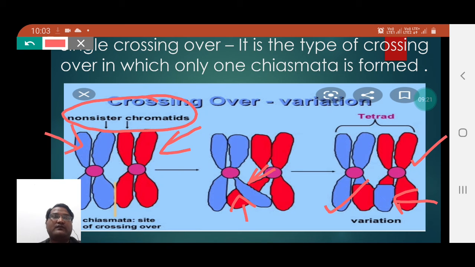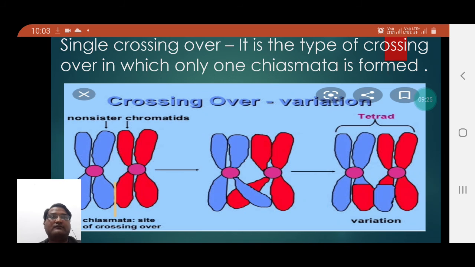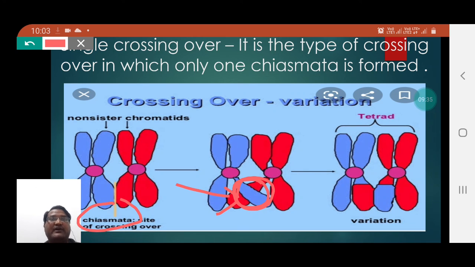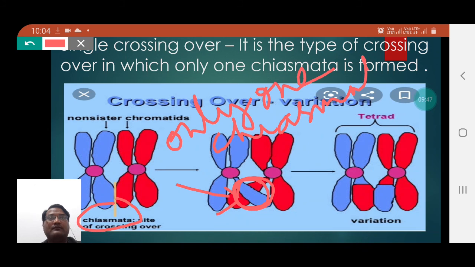This is called crossing over, and the exact place where the exchange of segments takes place is called chiasma. Here only one chiasma is produced, so it is called single crossing over.